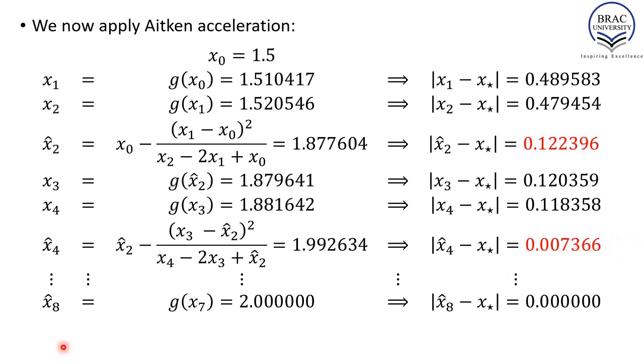We continue this way, and you can see after each iteration, we get closer to the desired result. So it is very fast convergence. Okay, that is the effect or implication of Aitken acceleration. So by using this method or technique, we can accelerate the convergence rate for any linearly convergent iteration.